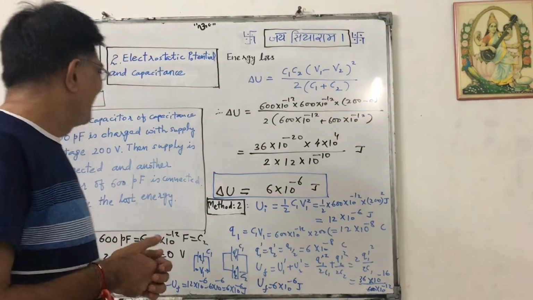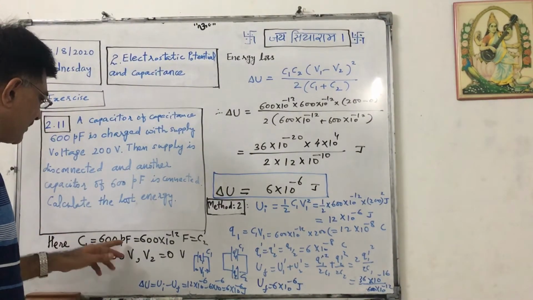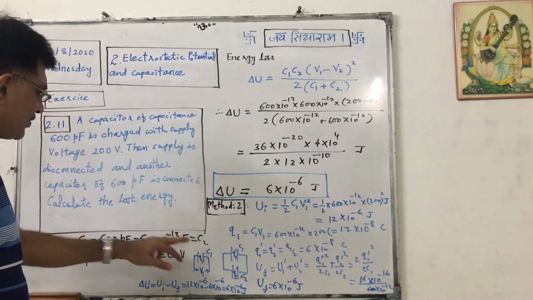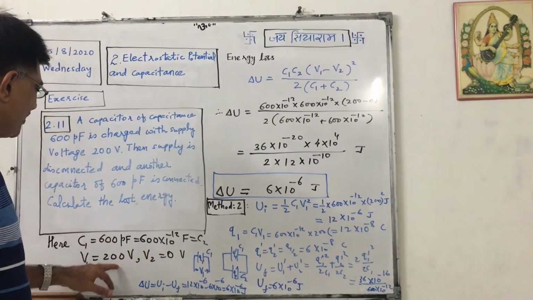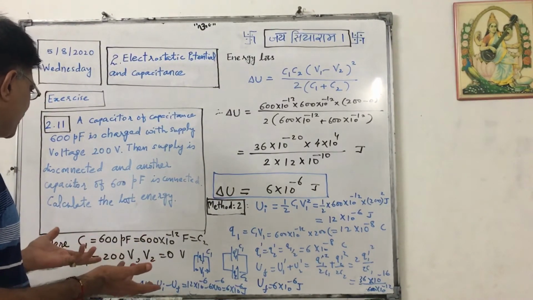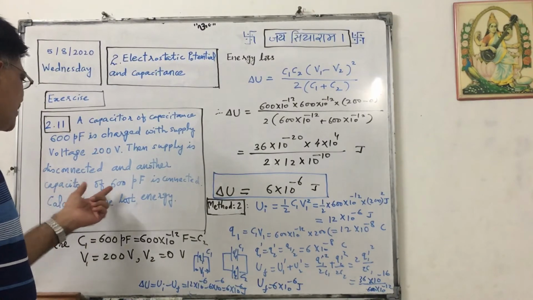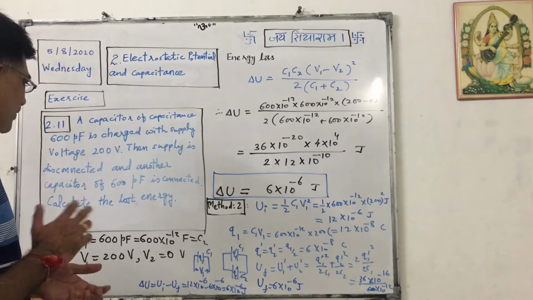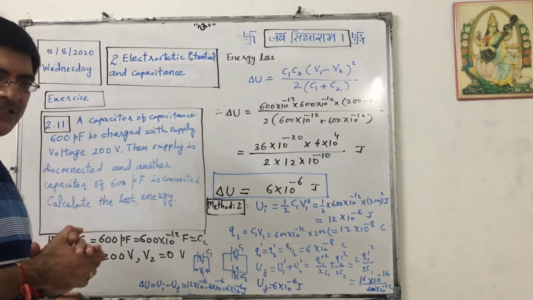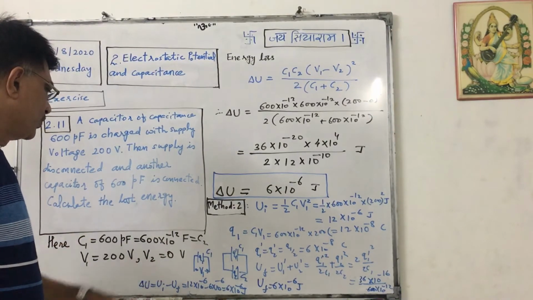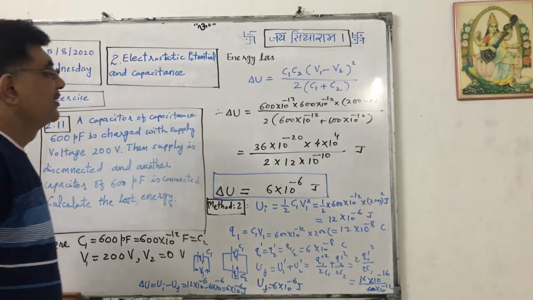Here C1 equals 600 picofarad, pico means 10 raised to minus 12, equals C2. V1 is 200 volt and V2 is 0, it is not charged. Another capacitor of 600 picofarad, it is not charged, otherwise they must have given. So 0 volt. Now see, energy.